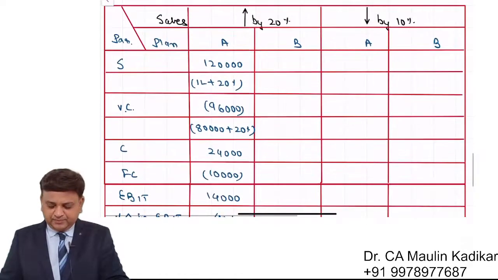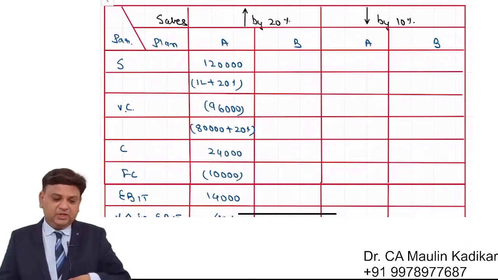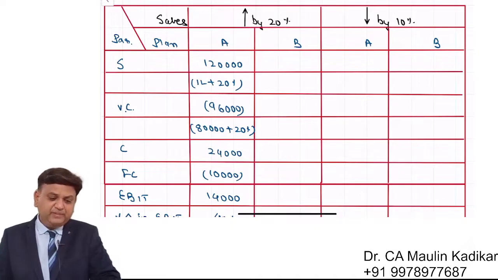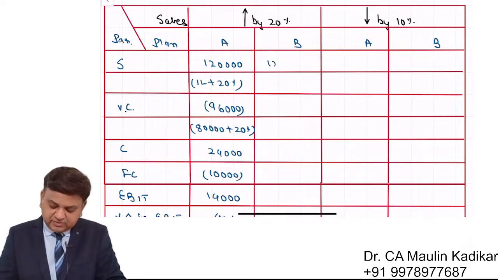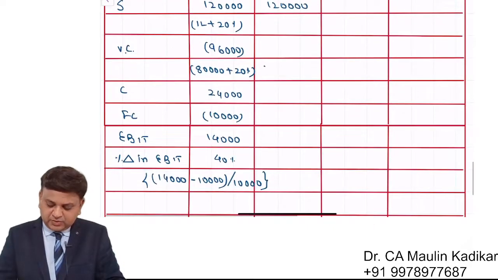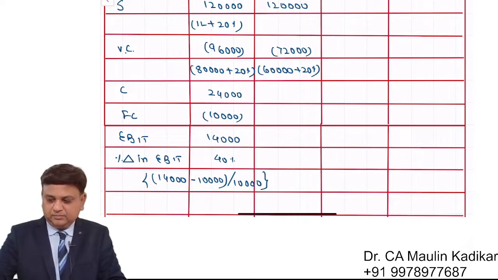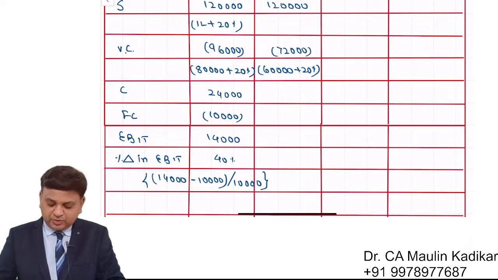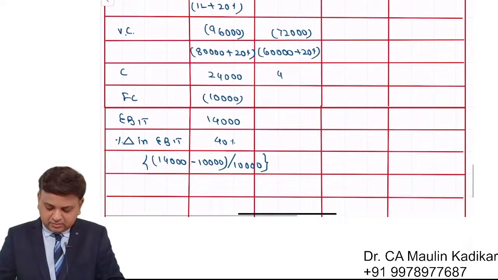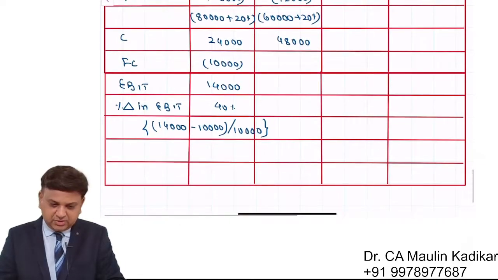One more thing. Please write down the answer along with me. In case of plan B, what will happen? Sales value same. Variable cost will also increase, 60,000 plus 20 percent. That comes to 72,000. So contribution is 48,000. In fixed cost, there is no change.